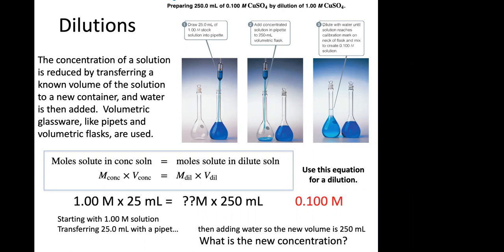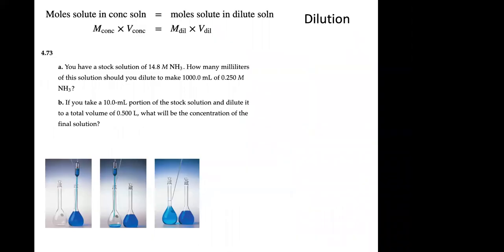Now, when I say recognizing a problem within this one, here's 2 examples of it. It says you have a stock solution of 14.8 molar ammonia. How many milliliters of this solution would you dilute to make 1,000 mLs of 0.250 molar? As soon as I see the word dilute, this equation's popping into my head.